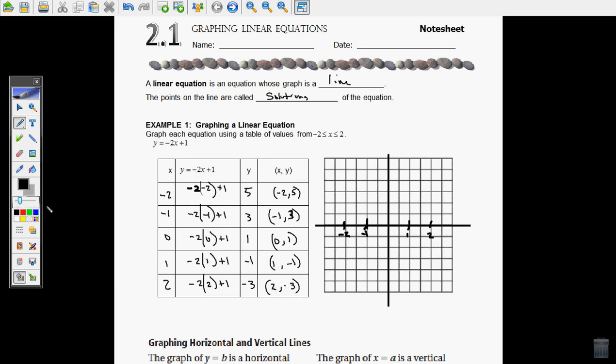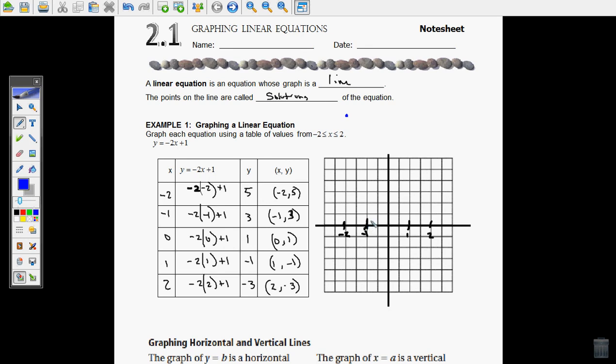So now that I have all of these points, I'm just going to plot them all. Okay? I am in this graph kind of doing 2 boxes equals 1. So when I plot my point negative 2, I'm going to go all the way over to here, and then 5. 1, 2, 3, 4, 5. It's way up here. So I kind of made my graph a little bit messed up there, but that's okay.